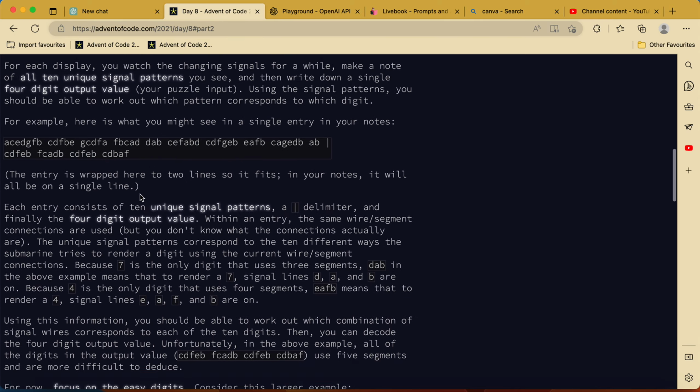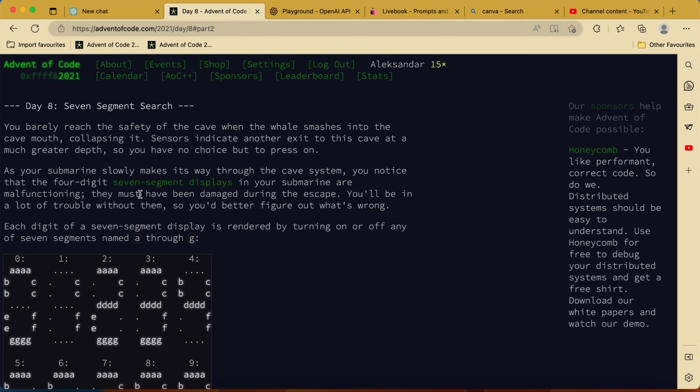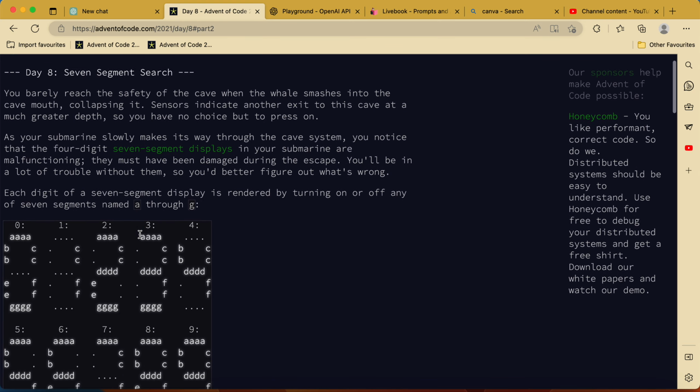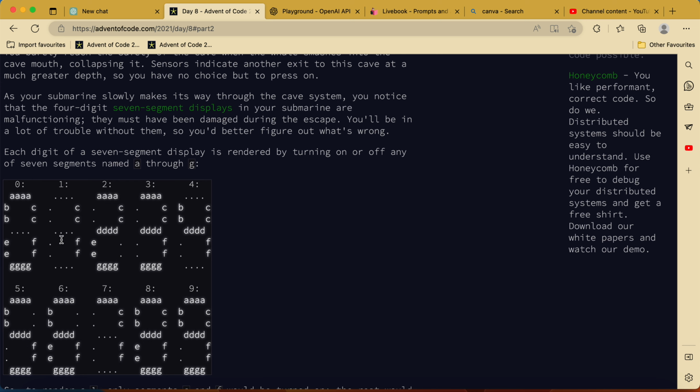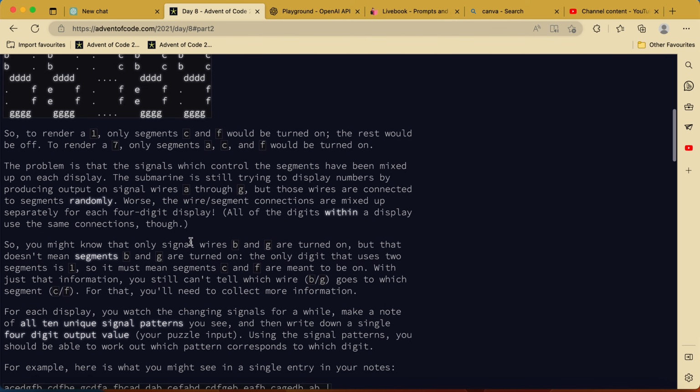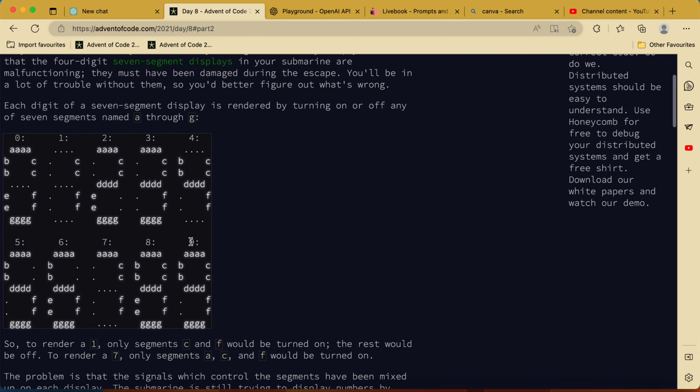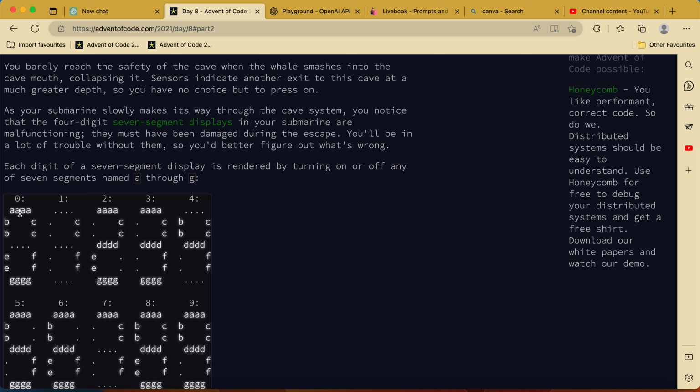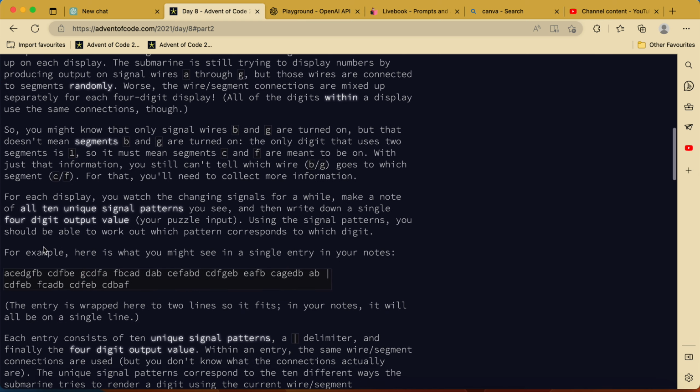Our initial problem was that we have a display that is showing numbers from 0 to 9, and the numbers are encoded as a string that contains which letters are being activated at the moment, separated by an empty space.